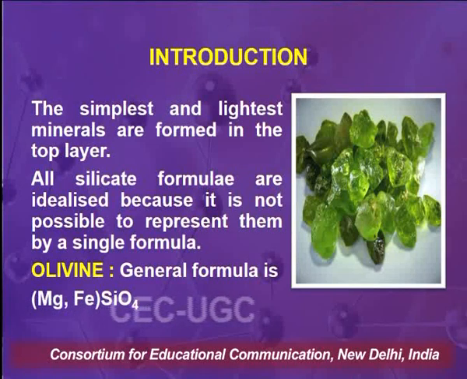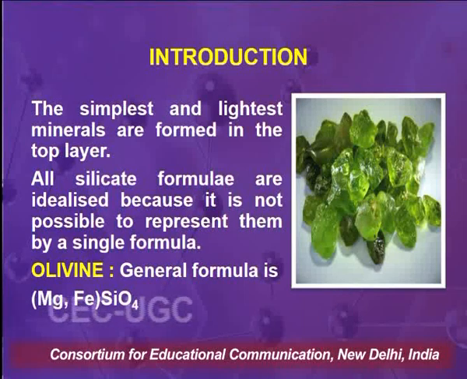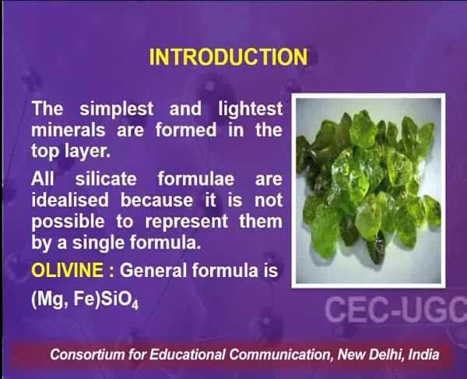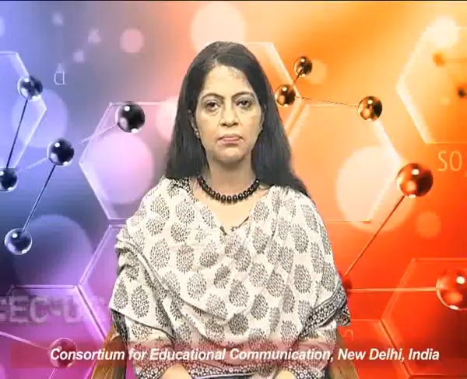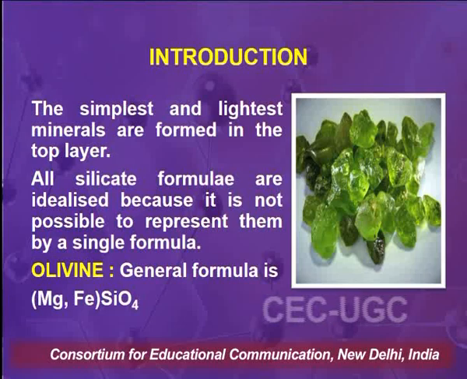All silicate formulae are idealized because it is not possible to represent them by a single formula. When we talk about the very first mineral, olivine, the general formula is either magnesium silicate or iron silicate, and the adjoining figure shows us the picture of olivines.